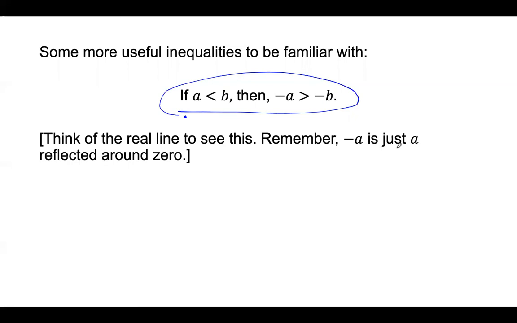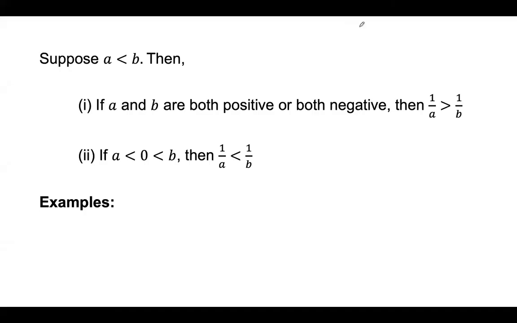Remember that negative A is just A reflected around the 0 point. Now suppose A is less than B. If A and B are both positive or both negative, then 1 over A is greater than 1 over B. Basically, the inequality sign flips.